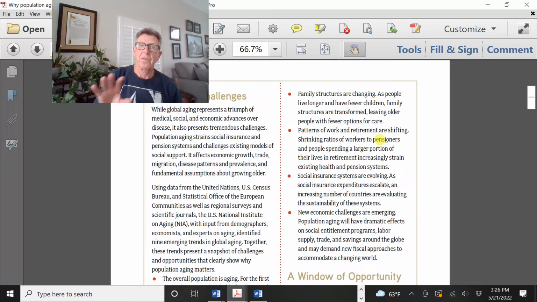It causes strain on health and pension systems, all this that we've been talking about. Social insurance systems, like I said, that's the evolution. That's Social Security. Pensions, the Italian pension system is whack, because they offered way too much years and years ago, and now they're having to pay the price. So these are all big economic challenges that we have in our country that all countries have.